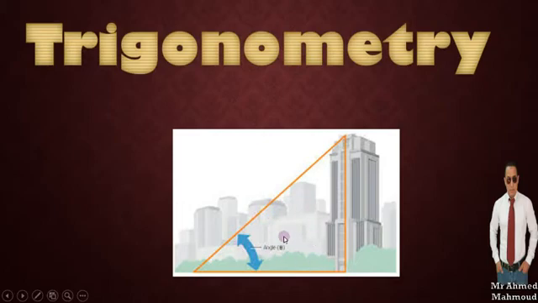From this triangle we can study the height, the distance, the angle of elevation, and the distance between the observer and the height. It helps with many things: buildings, towers, bridges, astronomy, suns, planets, stars. This is the use of trigonometry.